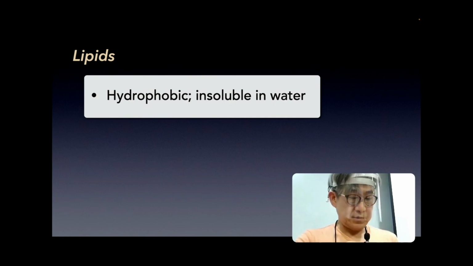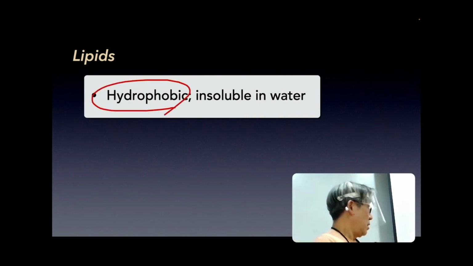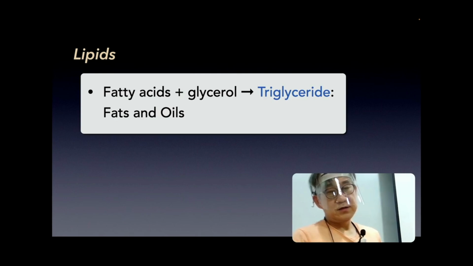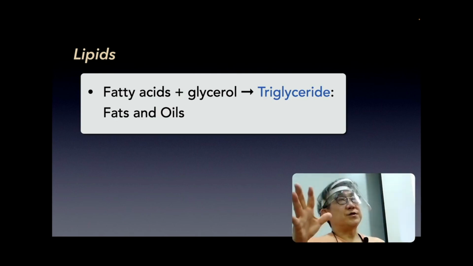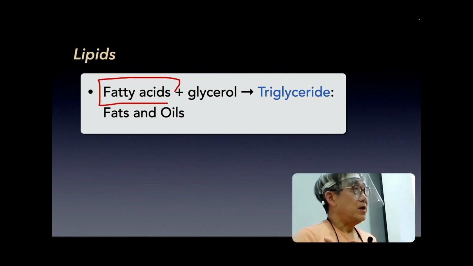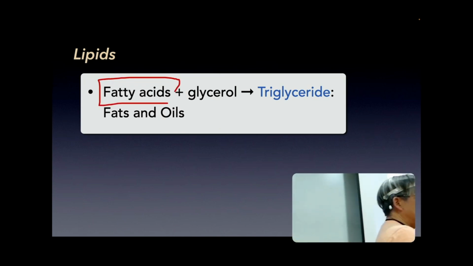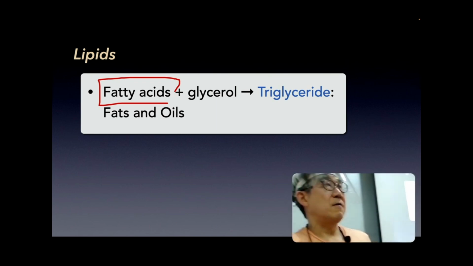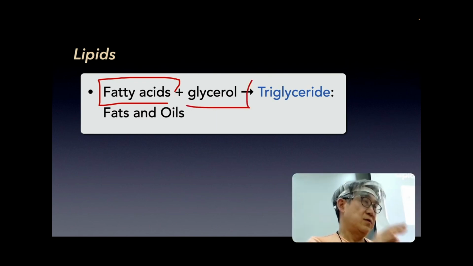So basically, they are all going to be hydrophobic because their individual components, for one major group of lipids, are something called fatty acids. A fatty acid is such an individual unit, and three such fatty acids can combine together through one adapter.